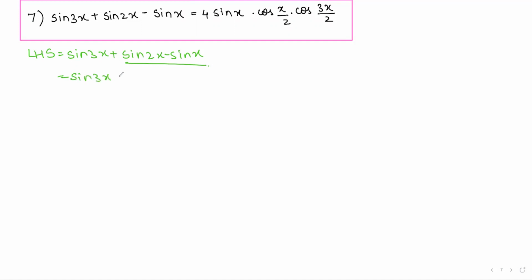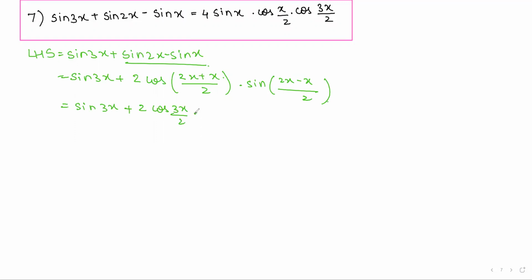Sine A minus sine B is 2 times cos of (A plus B) by 2 into sine of (A minus B) by 2, so it is 2 times cos of (2x plus x) by 2 into sine of (2x minus x) by 2. Here you will get sine 3x plus 2 times cos 3x by 2 into sine x by 2.